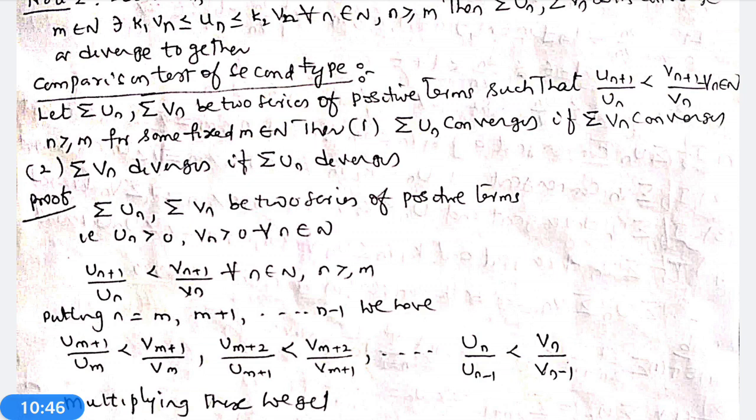Σun diverges. Once again, Σun and Σvn are two series of positive terms. Here, in the first comparison test, un ≤ k vn, whereas in this test, u(n+1)/un < v(n+1)/vn for all n ≥ m.